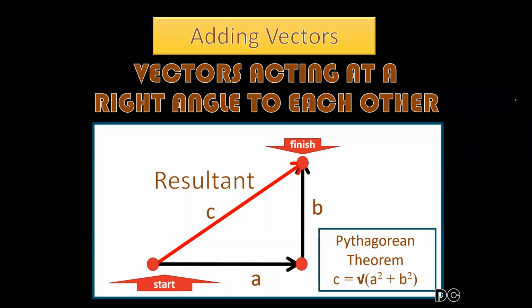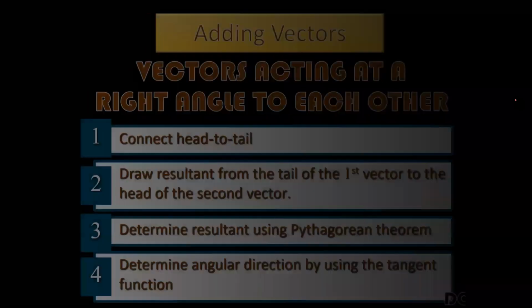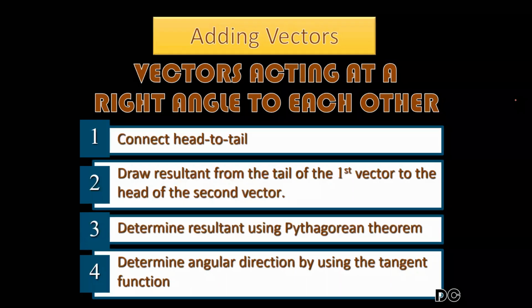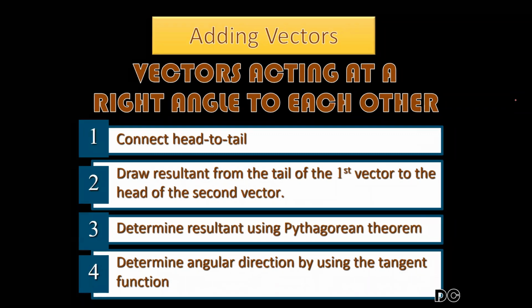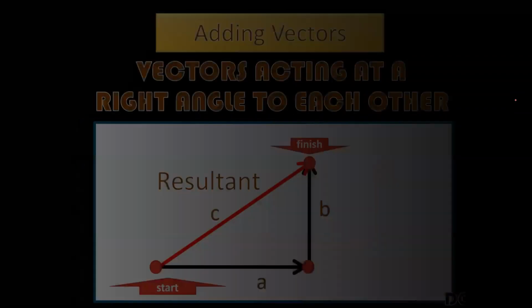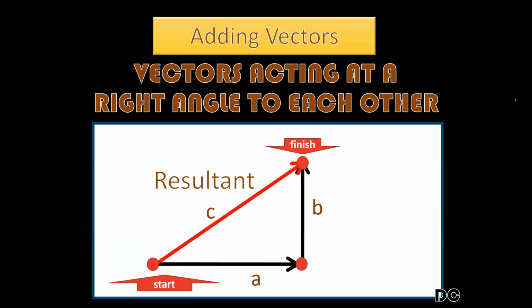And after determining your resultant, next is to solve for your angular direction. As I mentioned earlier, the angular direction should start from the x-axis. Since in this case the x-axis is letter A, that is where our angle starts, going toward the resultant line.